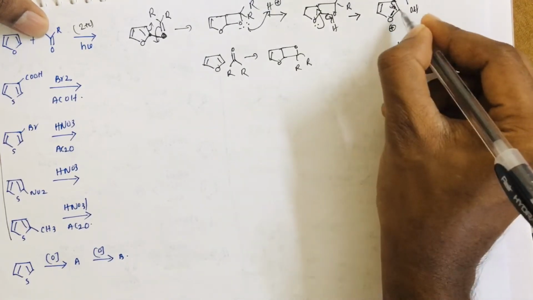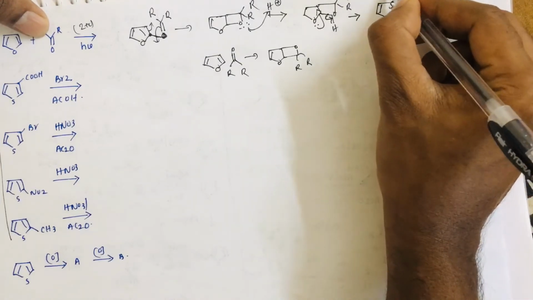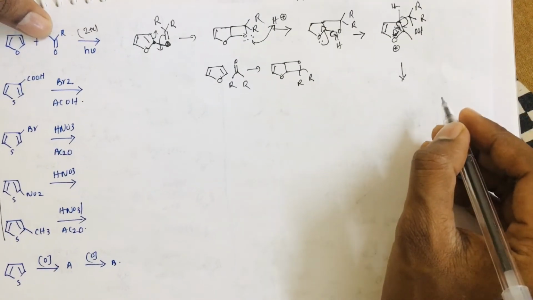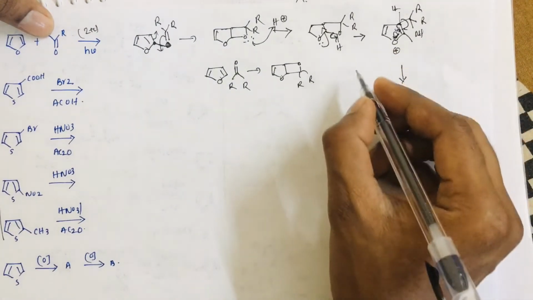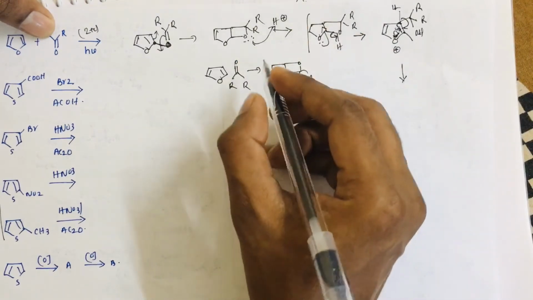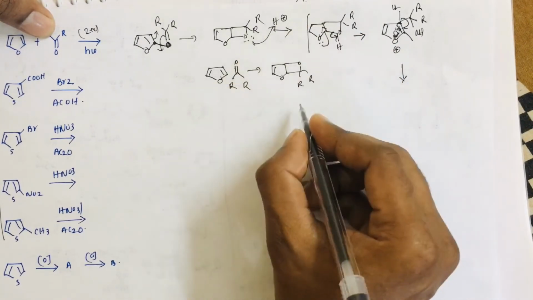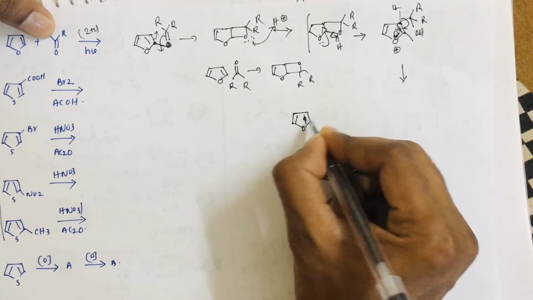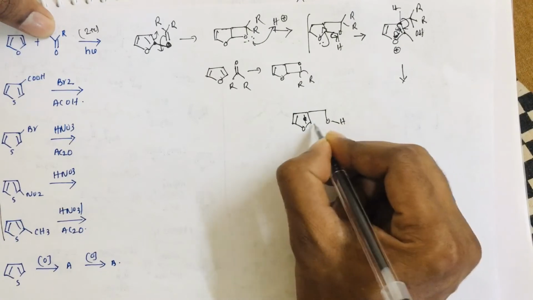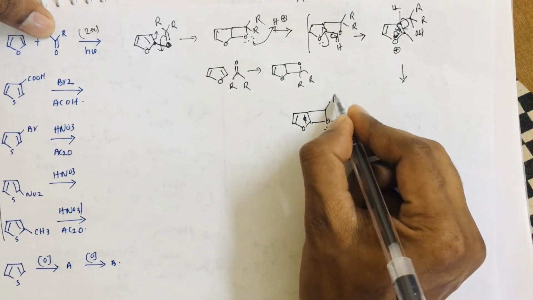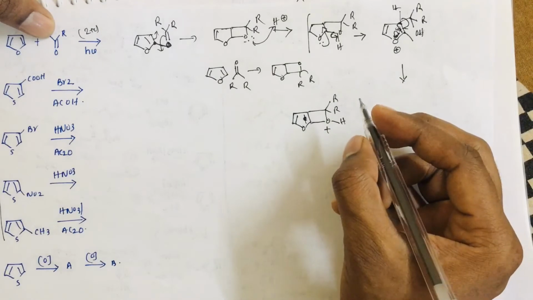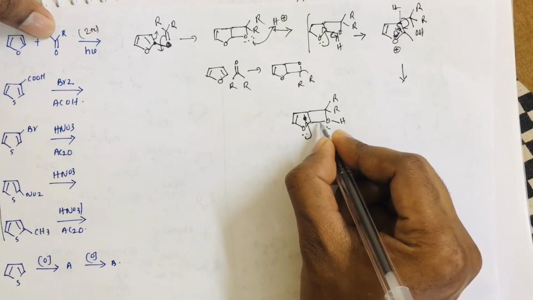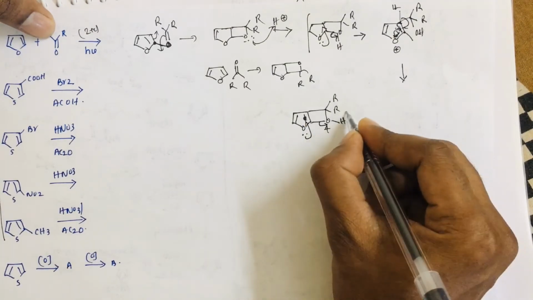So now this hydrogen goes here, this double bond comes on to the oxygen. Here I will explain from here. Here the proton is attacking this hydrogen, this is OH plus R group and R group. Now this lone pair goes on to the oxygen, and this goes on to this oxygen.